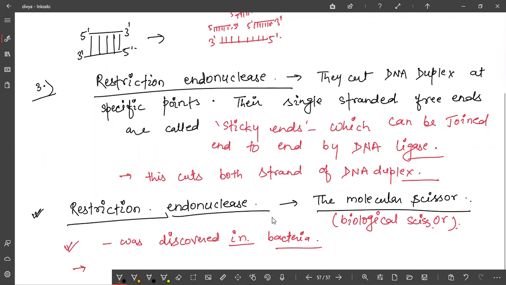So simply I will write here: this enzyme recognizes the base sequence. Base, you know, nitrogenous base. Because DNA is made of nucleotides and nucleotides contain nitrogenous bases. What are the nitrogenous bases that are present in a nucleotide?